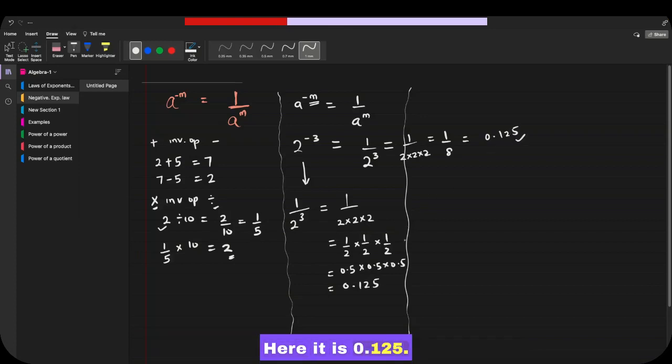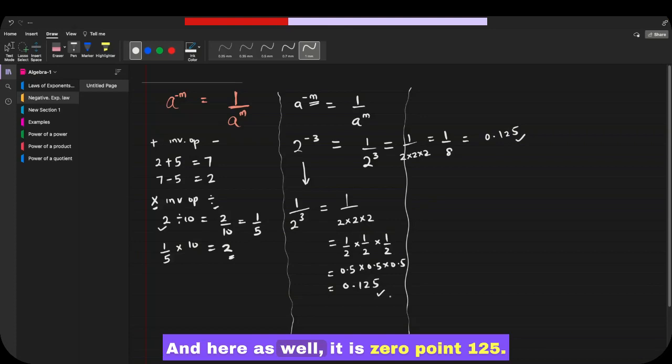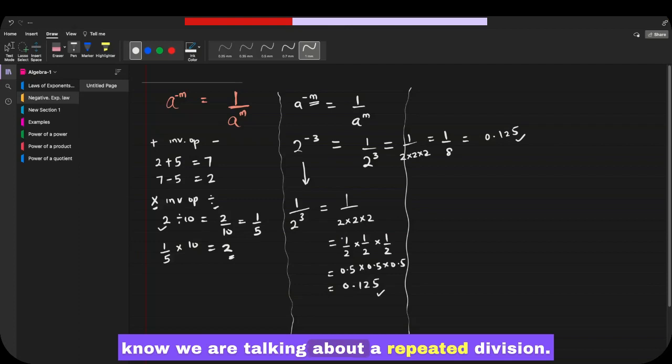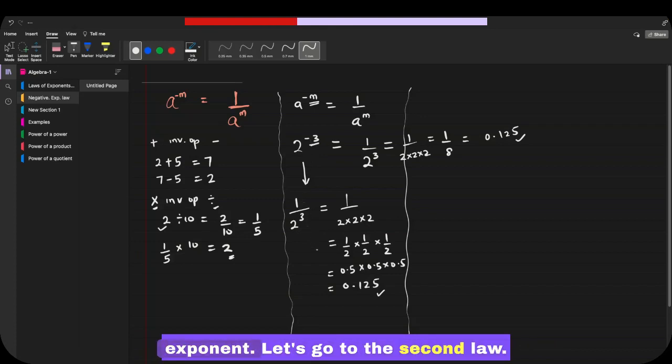Here it is 0.125, and here as well it is 0.125. So we can think about this as some kind of repeated division. If we have a negative exponent, then we know we are talking about a repeated division. So this simply means we're repeating the division 3 times since it is a negative exponent.